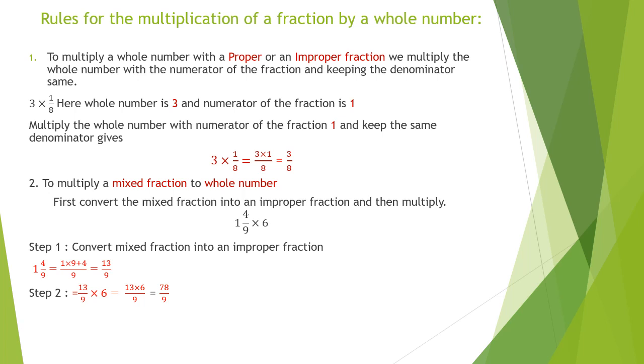That is, we are using the first rule, that gives 78 upon 9. It is an improper fraction. So in the next step, we convert it into a mixed fraction, that gives 8 integer 6 upon 9. So therefore 1 integer 4 by 9 into 6 gives 8 integer 6 upon 9.